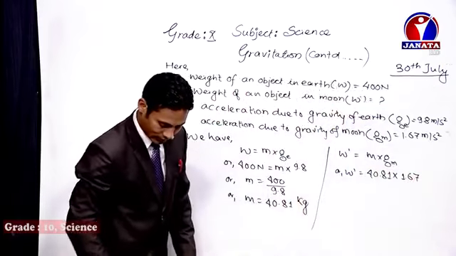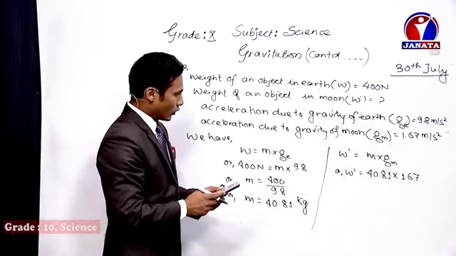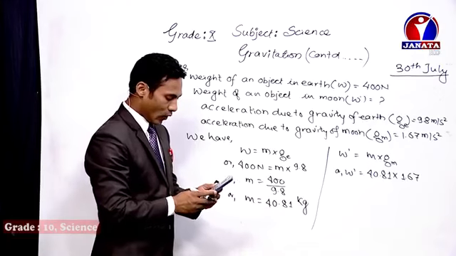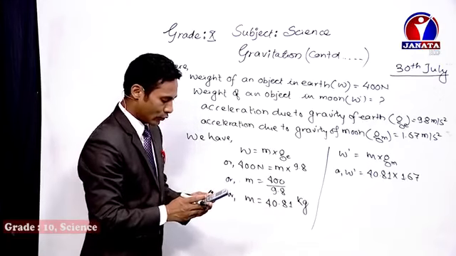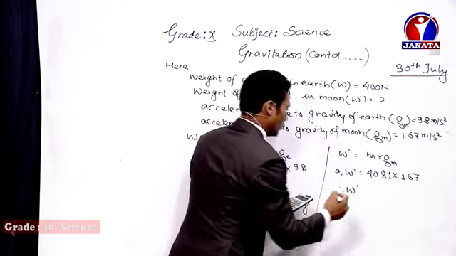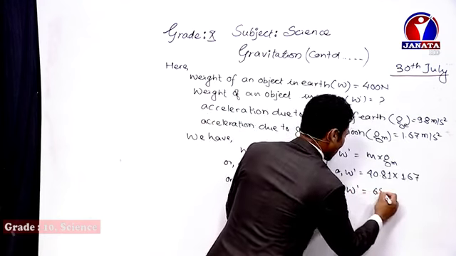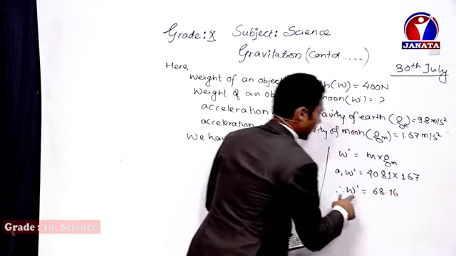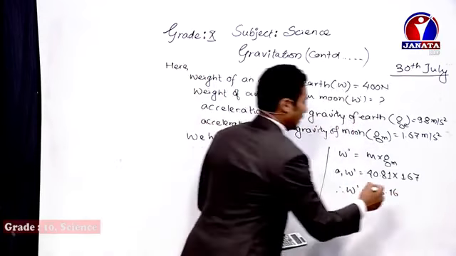So let's calculate this one. 40.81 multiplied by 1.67 equals 68.16. Now the unit of weight is Newton.